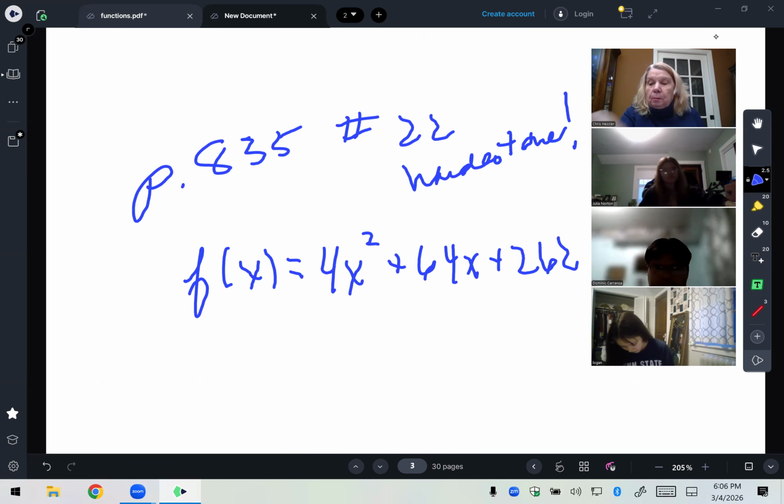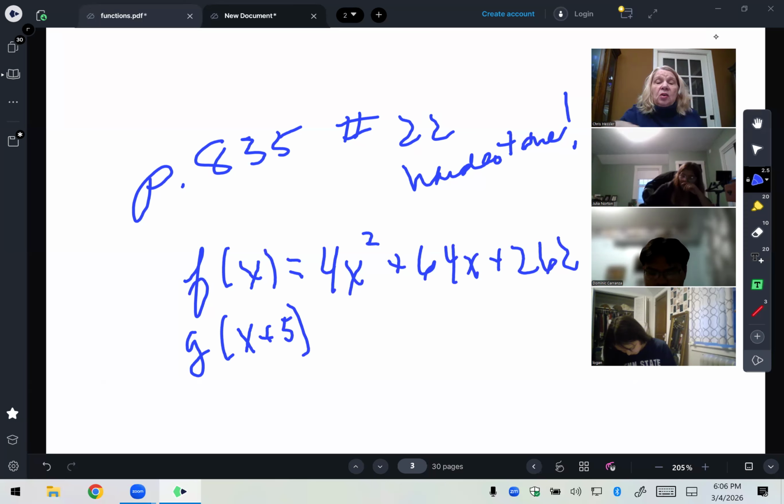Now they say the g function is g of x equals f of the quantity x plus 5. So we might want to move this whole thing to the left 5.